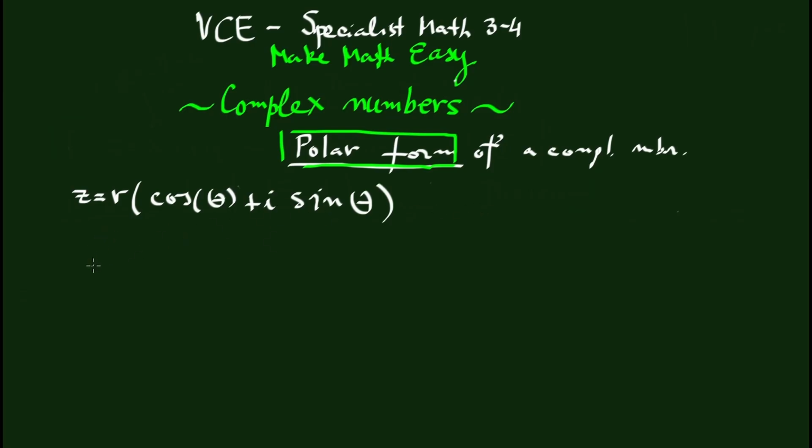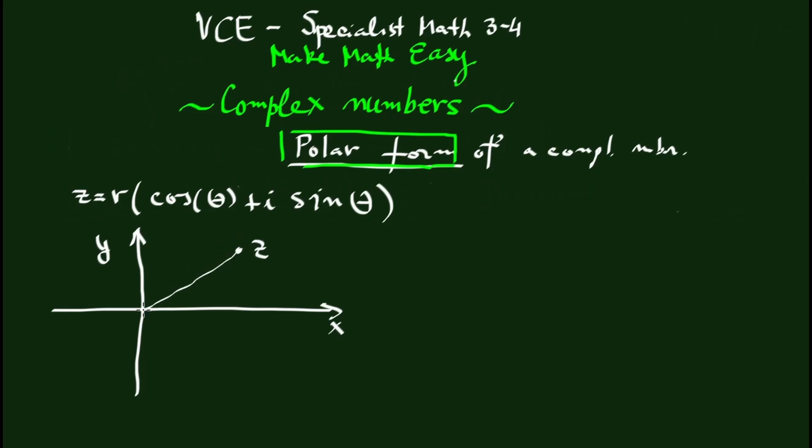So geometrically, that is represented as, if we have x and y here and z here, the length to z, you remember we had the modulus of z is equal to r. That's our r.